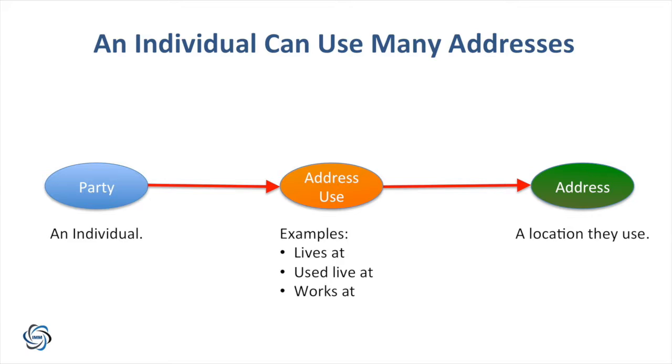And this is called an address use. And if we look at this first slide, you'll see that going from party to address there is a party use. The examples I give here for an individual is that they live at, or work at, or have previously lived at. And the same is true for enterprises.